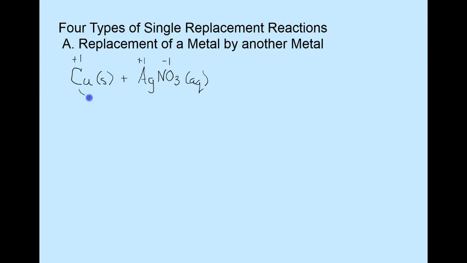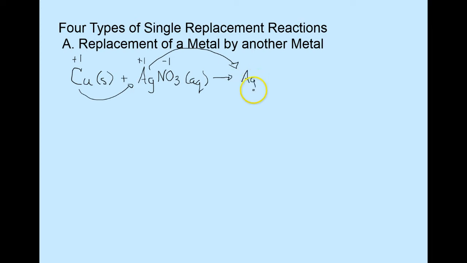So copper will replace silver. It will kick silver out of solution only if it's higher on the activity series. So take a second to look on your activity series while I'm talking here and see if it's higher. And if you notice, it is. So this reaction is going to proceed. So silver is going to come out of the solution in its elemental form as Ag.